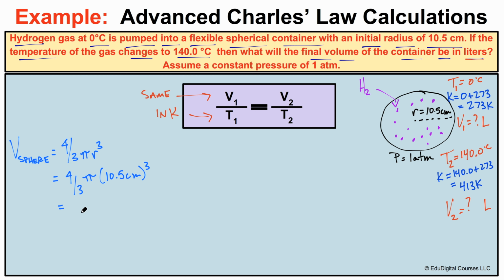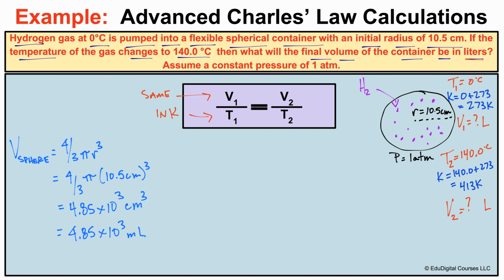But if we use three significant figures here, we're going to end up with 4.85 times 10 to the third centimeters cubed as the volume of this sphere. So the initial volume here is going to be 4.85 times 10 to the third centimeters cubed, which is the same thing as 4.85 times 10 to the third milliliters.